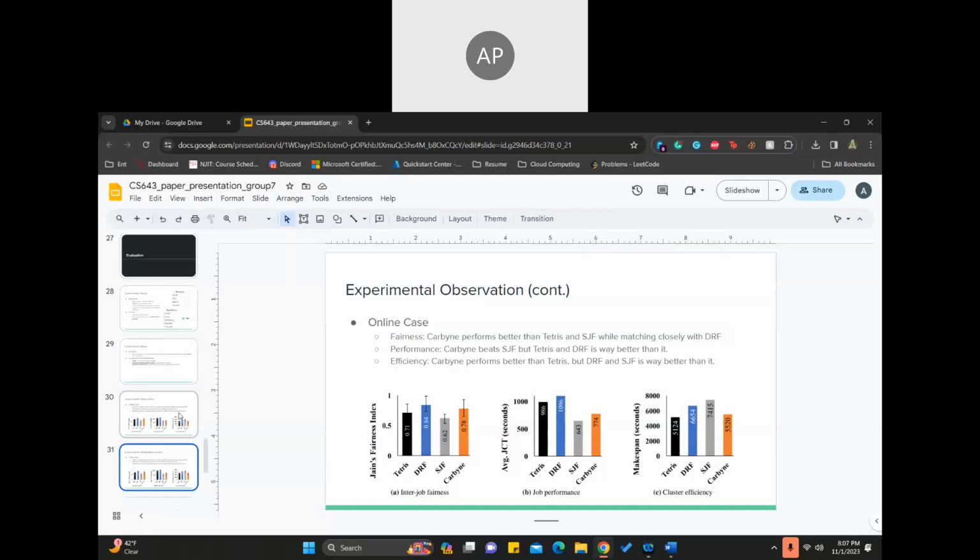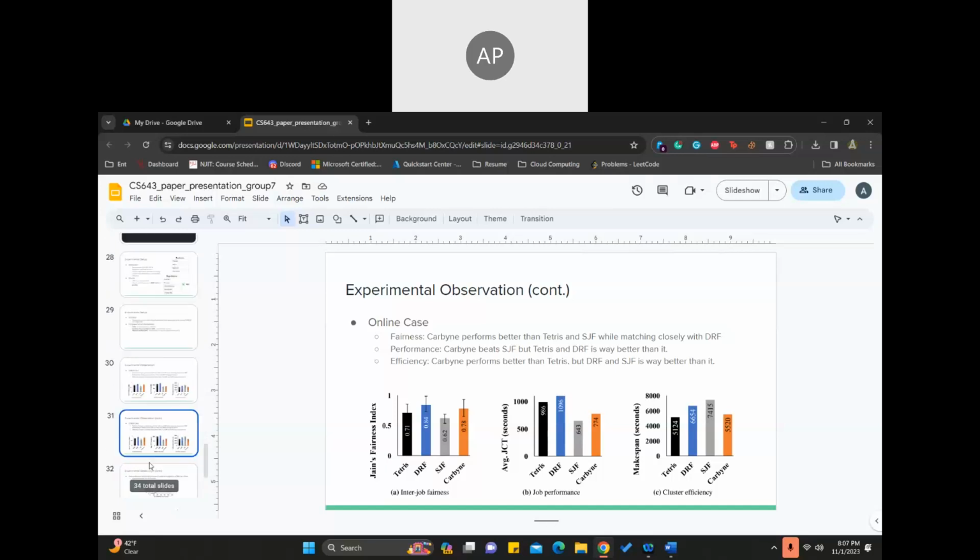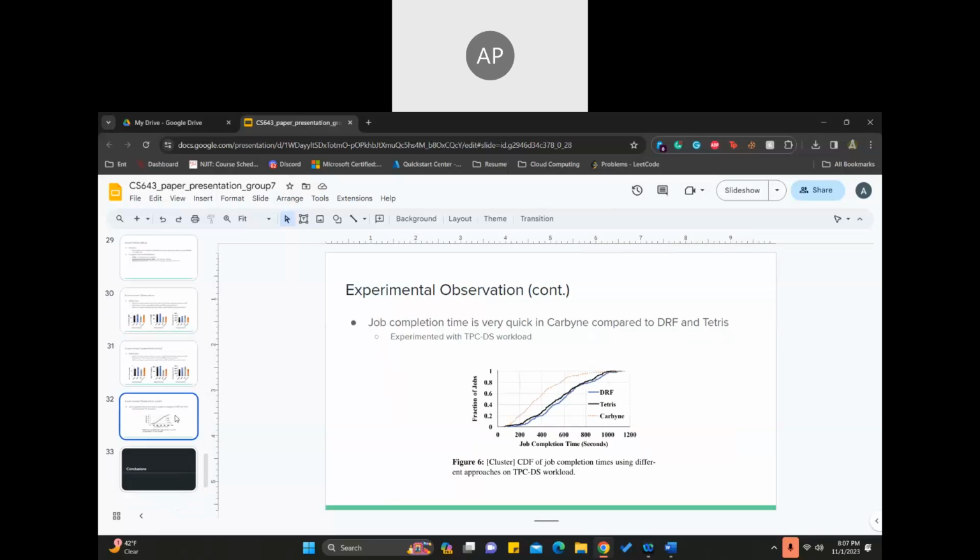In efficiency, Carbyne performs better than Tetris, but DRF and SJF are way better than it. In terms of completion time, we can notice that Carbyne is way quicker than DRF and Tetris in completing a job.